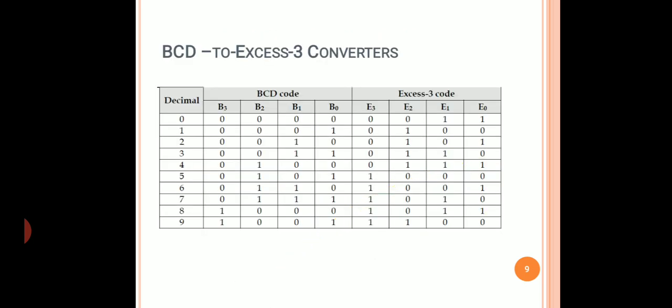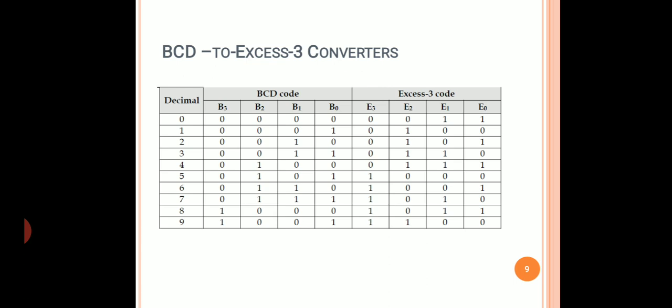Moving towards the next, this is the BCD to XS3 converter. As the name indicates, XS3 means add 3. BCD is binary coded decimal. We know that by using 4 bits, we represent only the numbers 0 to 9 in BCD.